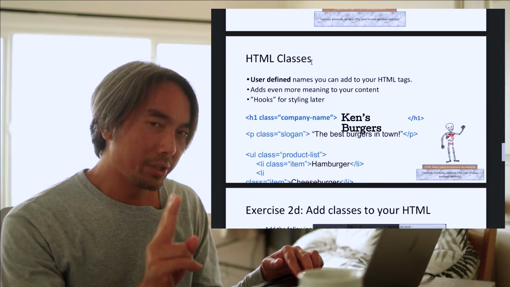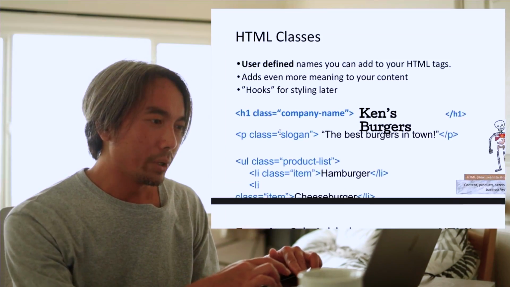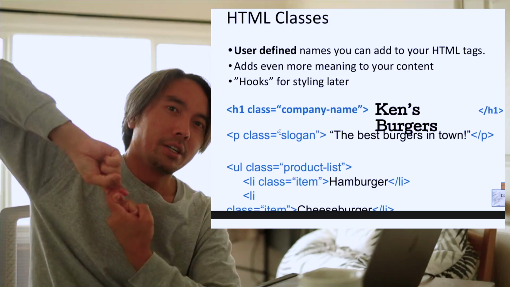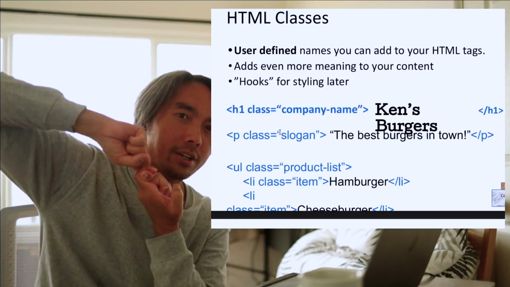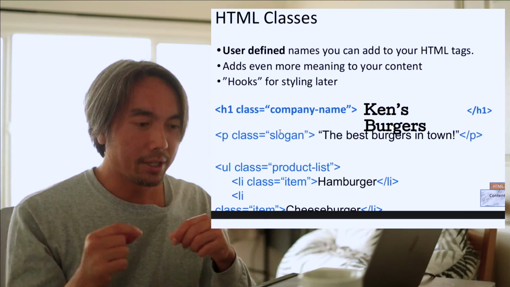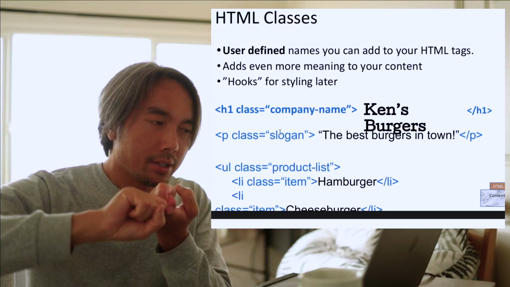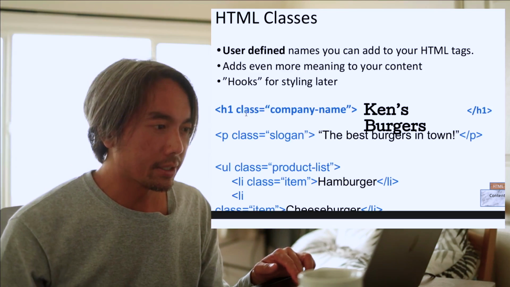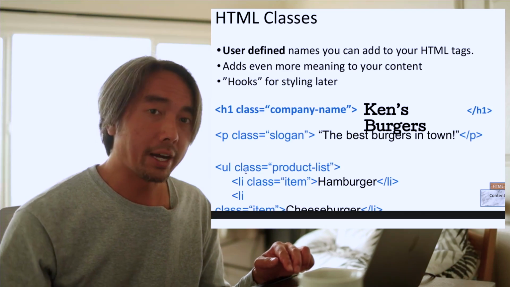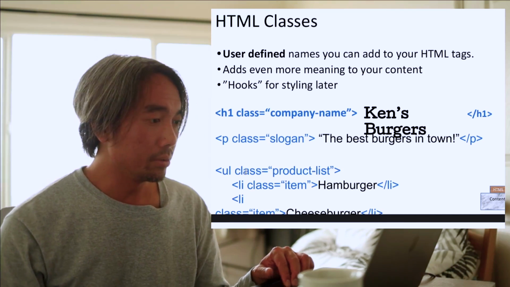Well, before we do that, like I said, we have to provide little hooks on our HTML so that our clothes can hook onto. Imagine a piece of fabric, you have to hook it on something. That's what your tags, these class names and IDs on each tag, are providing: those hooks for you to style.